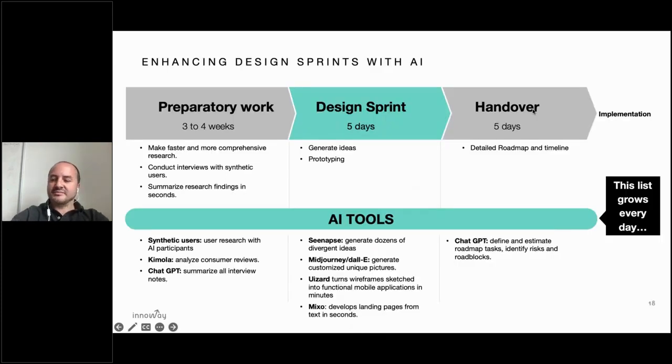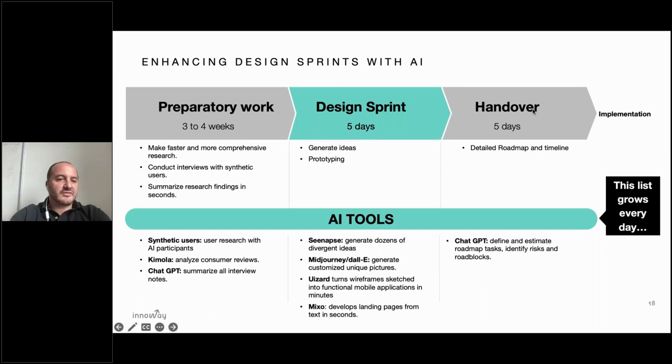Finally, I wanted to briefly talk about AI and how it's impacting our discipline. There's many tools coming up every day. There's a new one. And what we are doing nowadays is to start identifying what are those tools that can help us in each one of the steps of the design sprint.